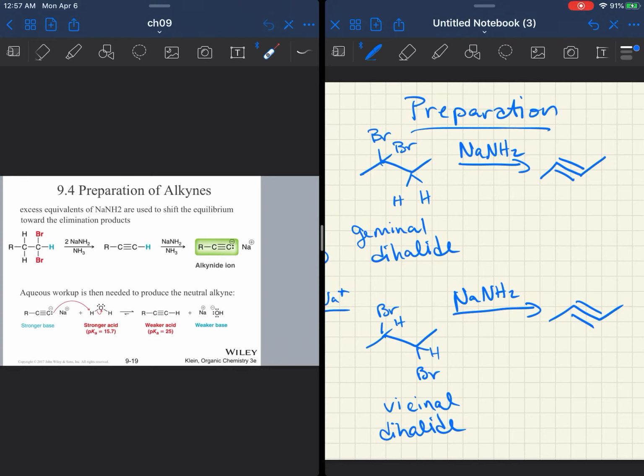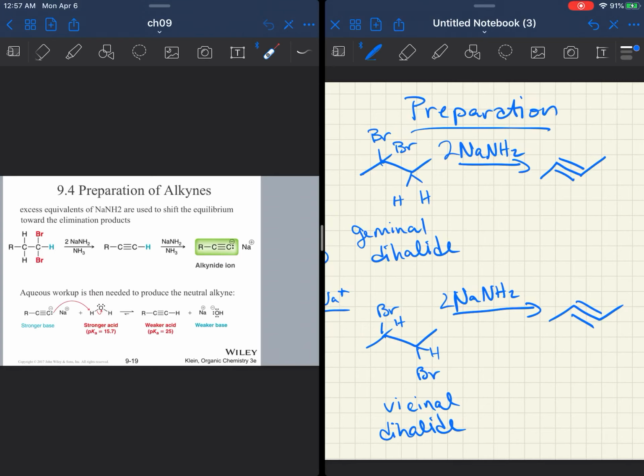So, okay, what's important to note here? You do need two equivalents of NaNH2. Oftentimes you will see that left out because if you don't have enough NaNH2, it's not that it's going to necessarily stop at the alkene, though it might. You may just get a weird mixture of products.